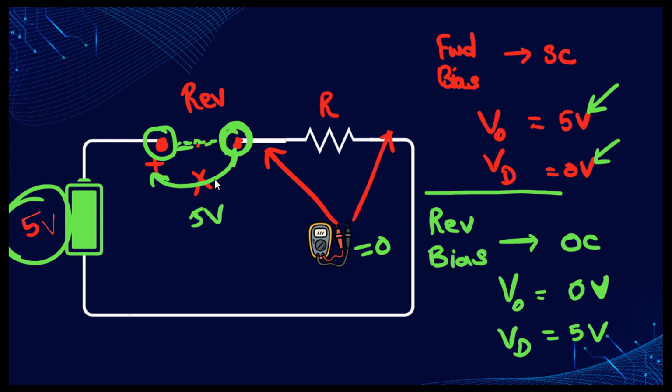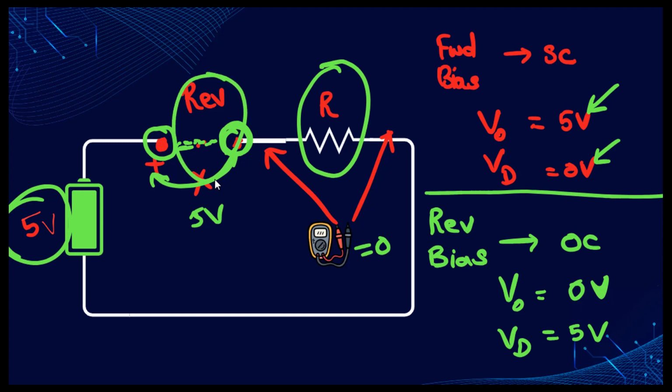These are the two things that you need to consider. Where is V0 measured? Is it across this resistor or across this diode? If it is across the diode, under reverse bias you will get voltage. If it is across the resistor, under forward bias you will get the voltage. Do remember these two key points.